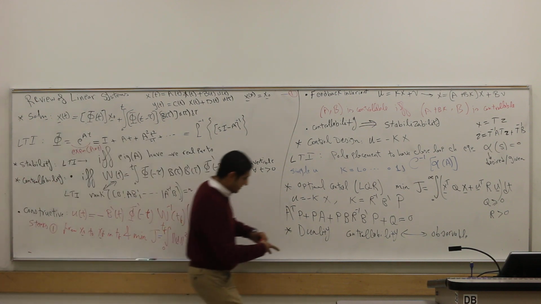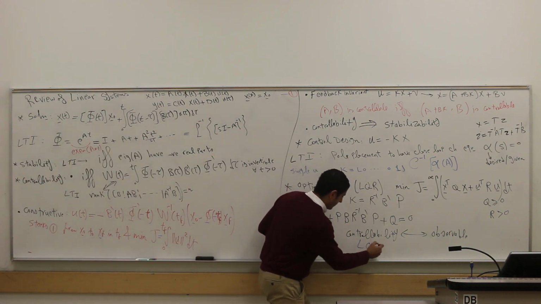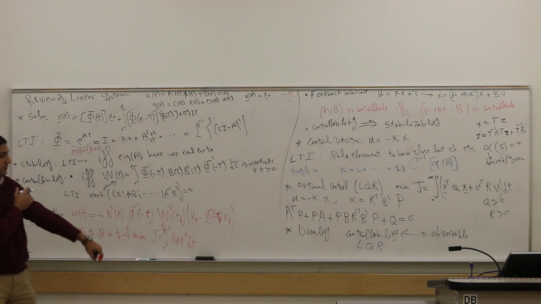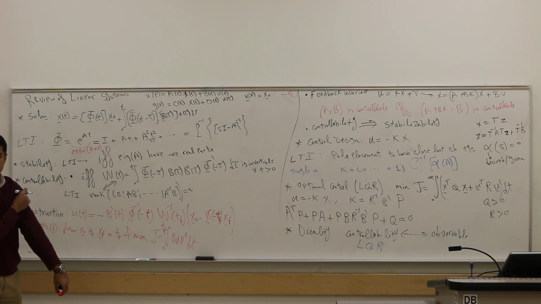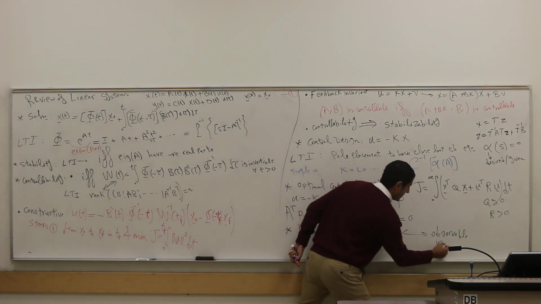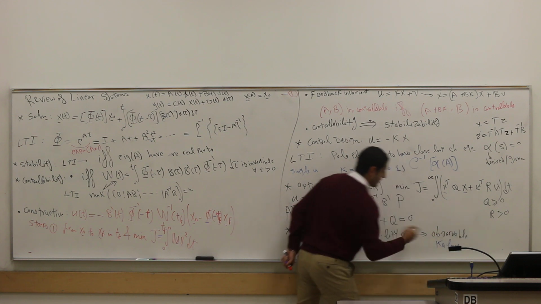In particular, anybody know what's the analog of LQR? What is the analog of the linear quadratic regulator in the observability case? Kalman filter, right?